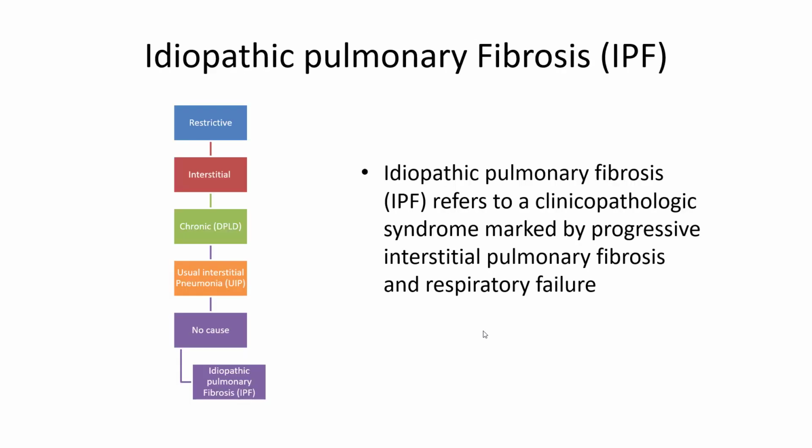So let's summarize where we've come so far with the graphic on the left. We're starting off with a restrictive lung disease pattern, and spirometrically that is going to refer to folks with pulmonary function tests that exhibit a normal FEV1 to FVC ratio, but a reduced forced vital capacity as a result of the shrinkage of the pneumatic container, so to speak.